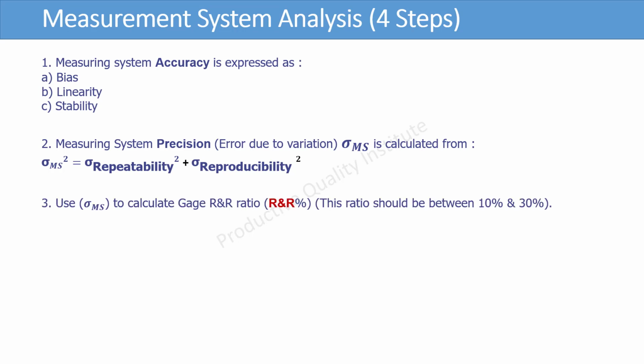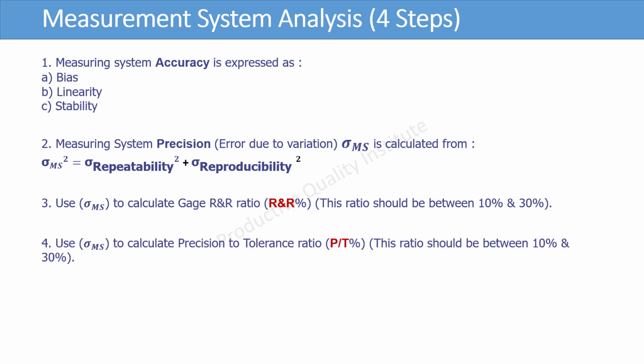Use sigma of the measuring system to calculate the gauge R&R ratio. This ratio should be between 10% and 30%. Use sigma of the measuring system to calculate the precision to tolerance ratio. This ratio should be between 10% and 30%.